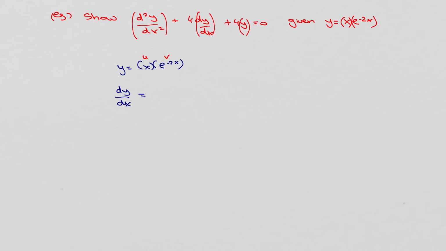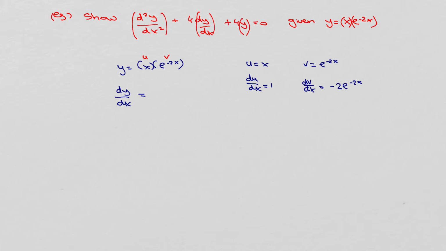So to the side, if I take u, and I say u is equal to x, then du/dx is 1. If v is equal to e to the minus 2x, then dv/dx is equal to minus 2 times e to the minus 2x. So in other words, if I differentiate e to the minus 2x, I get e to the minus 2x, in other words itself, times the derivative of the power there, which is minus 2x. So differentiating minus 2x, I get minus 2.